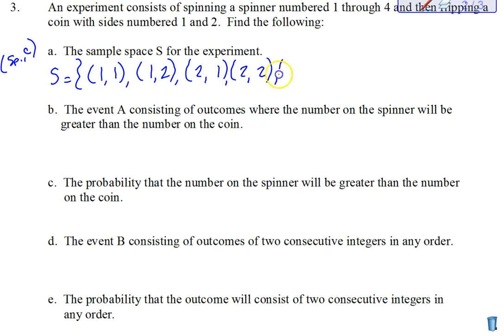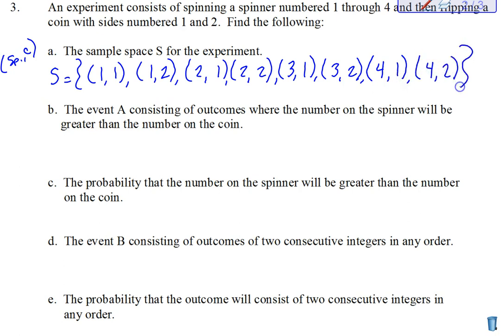I could get a 3 on the spinner with a 1 on the coin, or a 3 on the spinner with a 2 on the coin, or a 4 on the spinner with a 1 on the coin, or a 4 on the spinner with a 2 on the coin. And that's all the possibilities of things that I could get if I spin a spinner numbered 1 through 4 and flip a coin numbered 1 and 2. Okay, so that's S. Remember, we denote our sets with a capital letter.